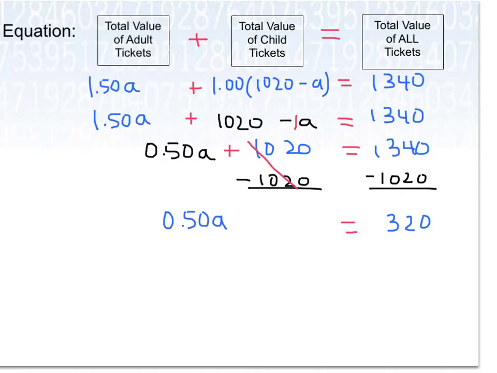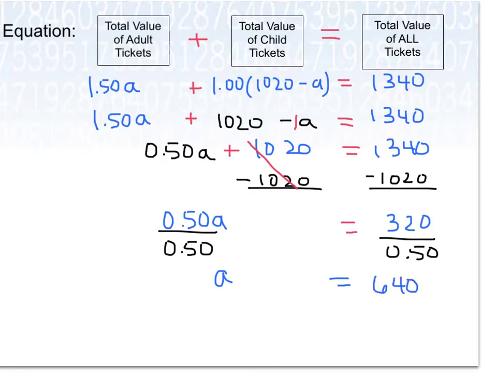So to finally solve for A, we will divide both sides by 0.50 to get A equals 640. Remember, if you're using your calculator, you're always going to want to punch in the 320 first, the division key, and the 0.50 second to actually get the correct answer.